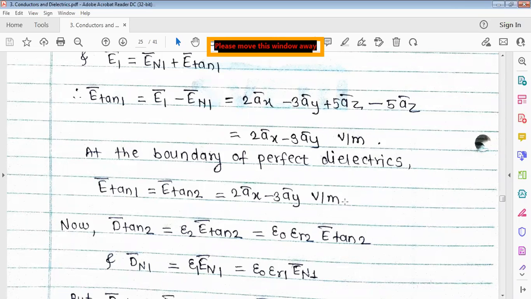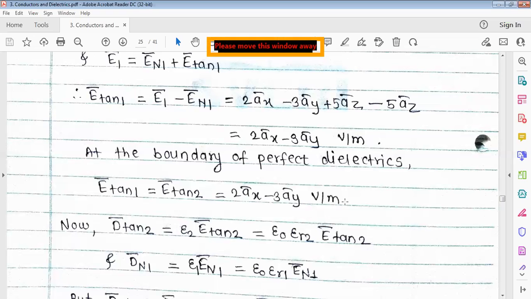Therefore, D bar tan 2 is equal to epsilon 2 into E bar tan 2. Epsilon 2 can be written as epsilon 0 into epsilon r2, and E bar tan 2 will remain as it is. And this D n1 is equal to epsilon 1 E bar n1.